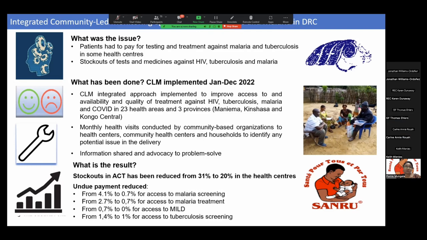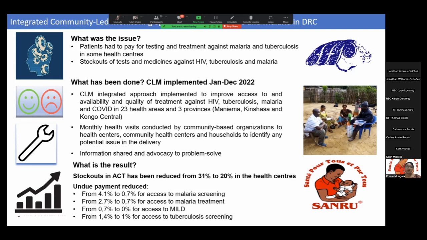And we are working with Foundation Femmes Plus and CNRC in Kinshasa and Central Congo. We started in the province of Maniema, 1 of the 18 regions that we have in the country. And then with COVID-19, we went to Kinshasa and Central Congo.